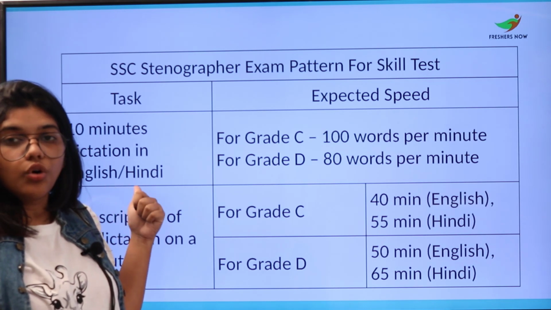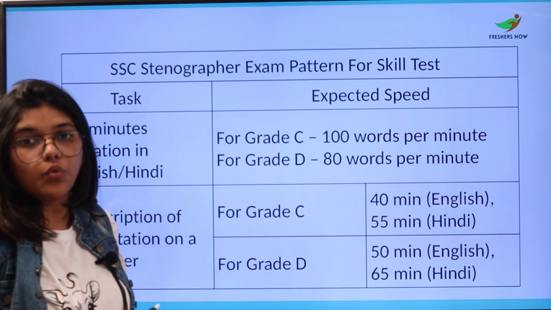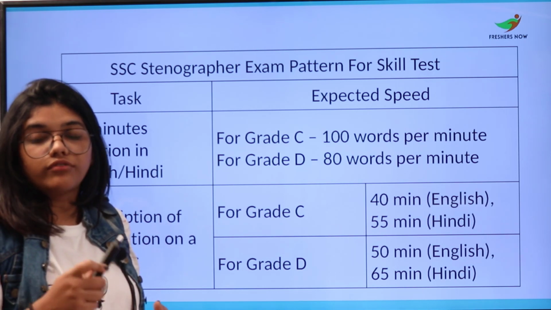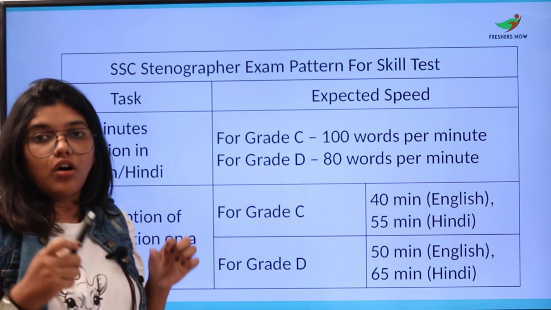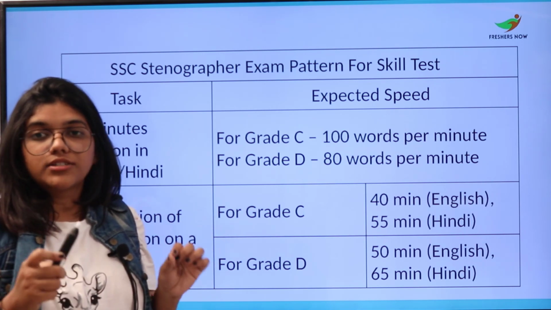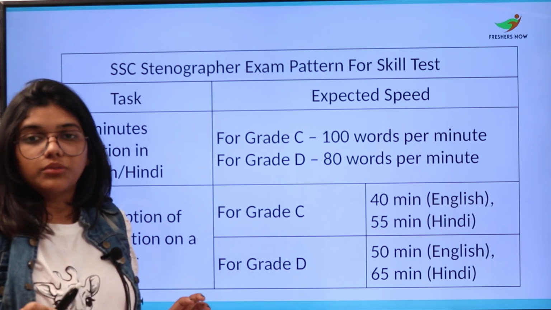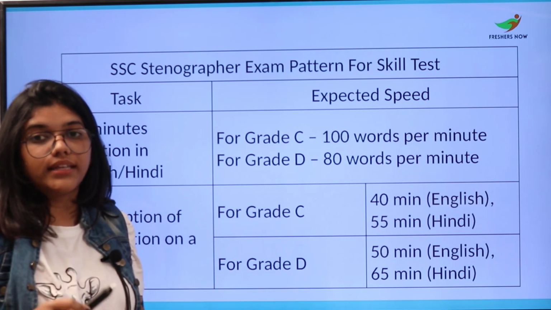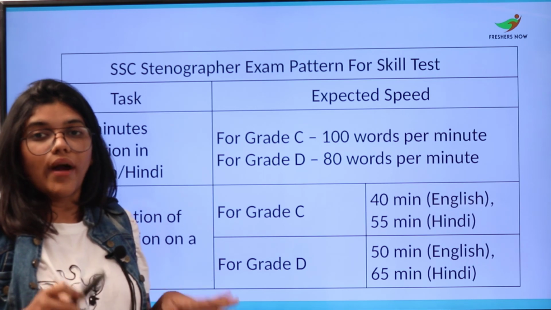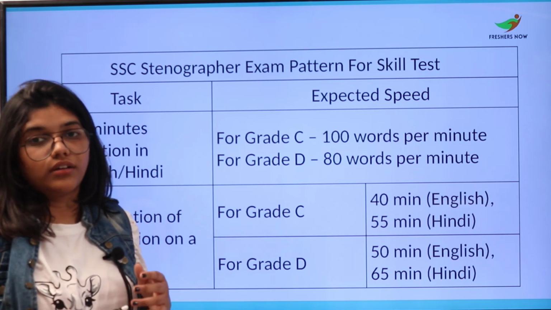Again, please note that you have the choice of preferring the language that you want for dictation. If you have not ticked your language in the application form, the skill test will take place in English directly. You will not have a choice further. So before you submit the application form, recheck twice that you have chosen the particular language for the exam.